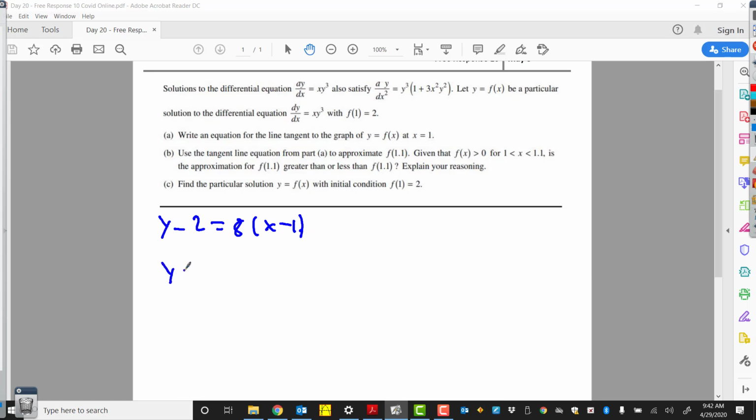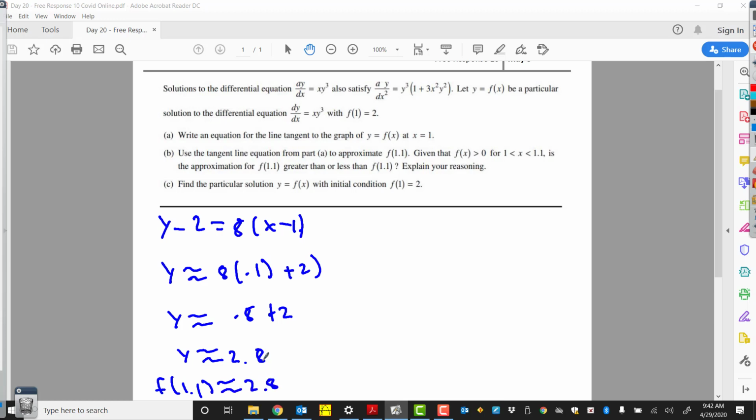So y is going to be approximately 8 times 0.1 plus 2. 8 times 0.1 is 0.8 plus 2. So y is approximately 2.8. So we've approximated what f of 1.1 is.